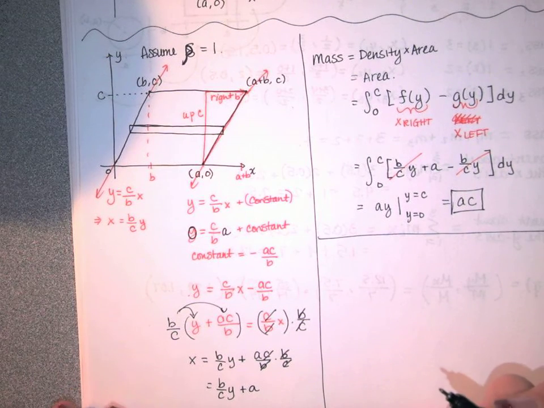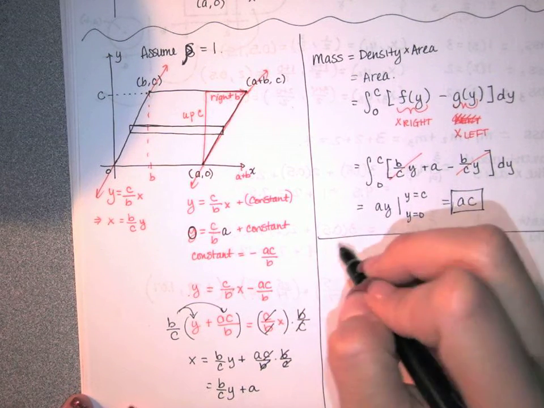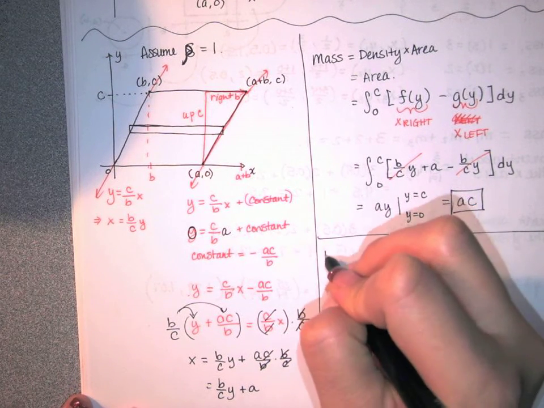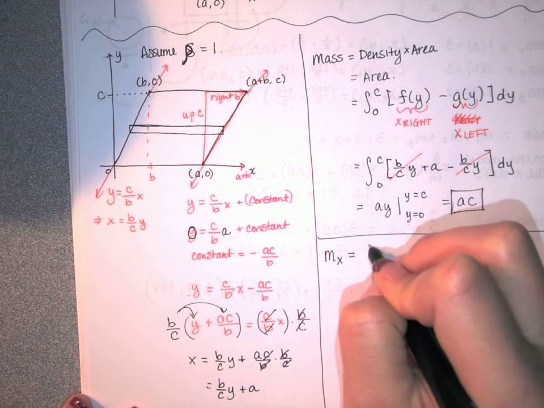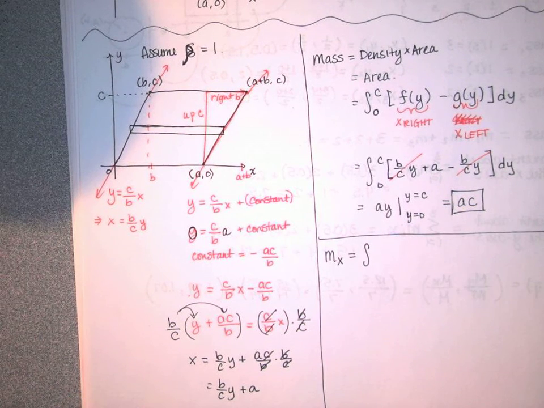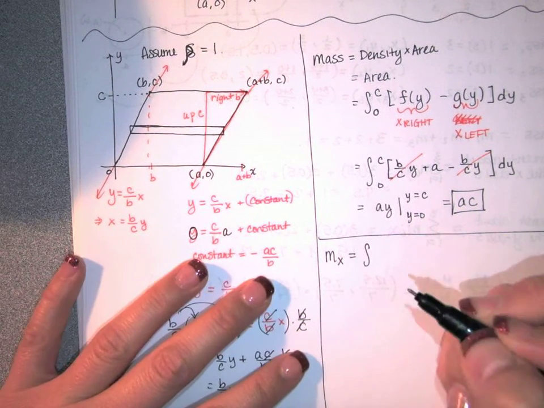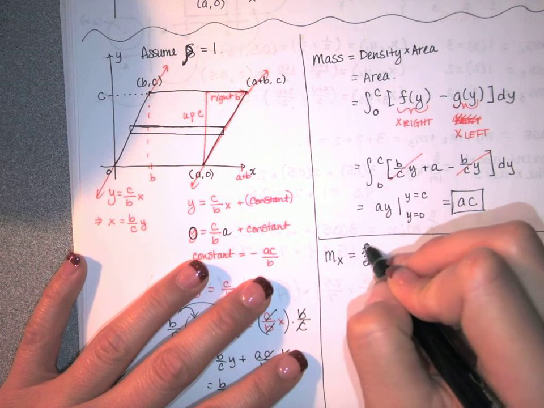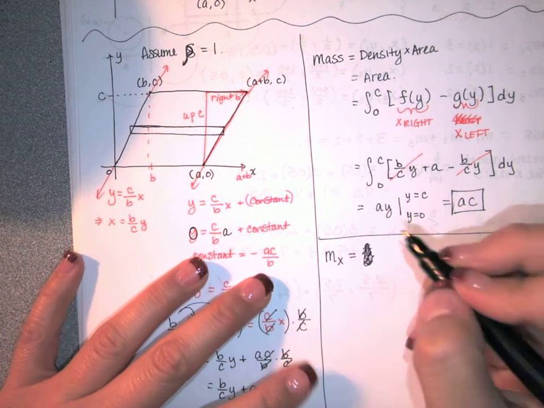All right, now we want to find the moment about the x-axis. Now we're assuming that we have a constant density. Actually, let me write down my formulas. It always helps me to write down my formulas.